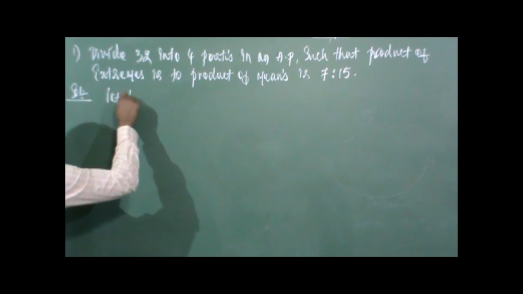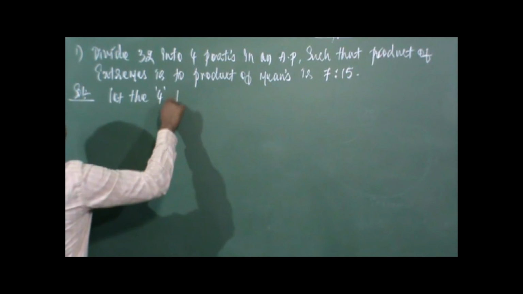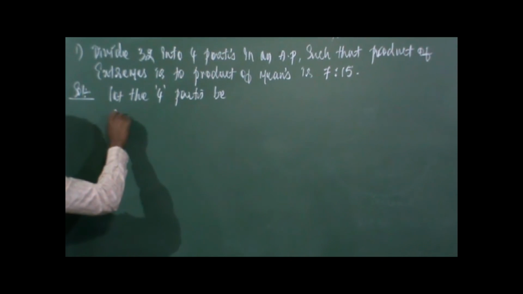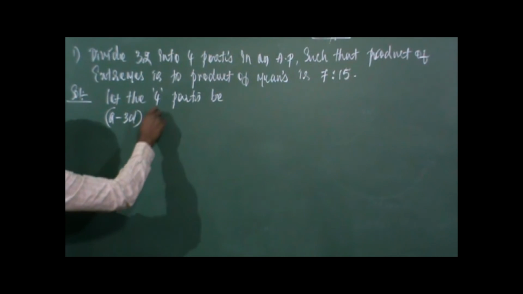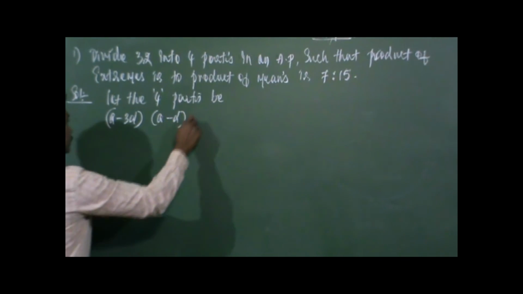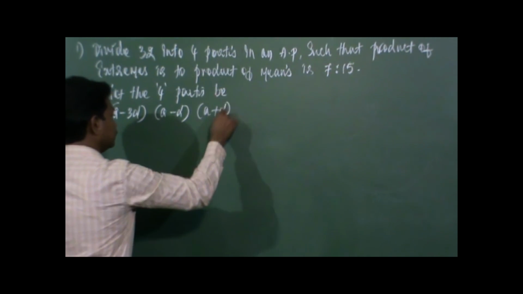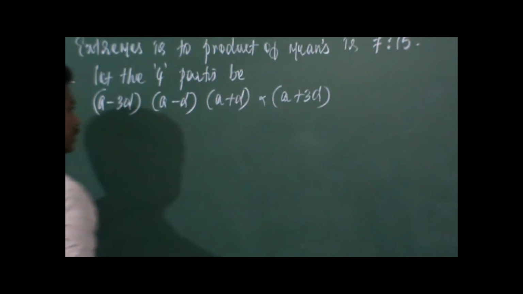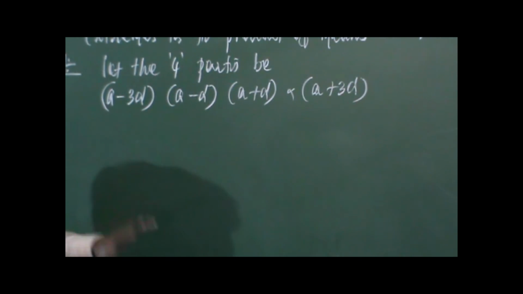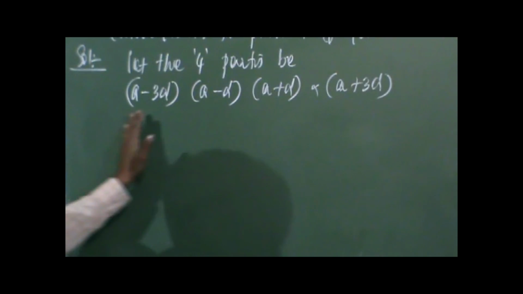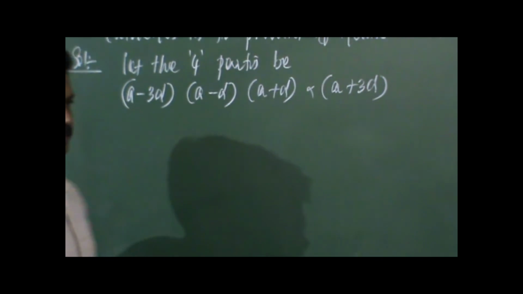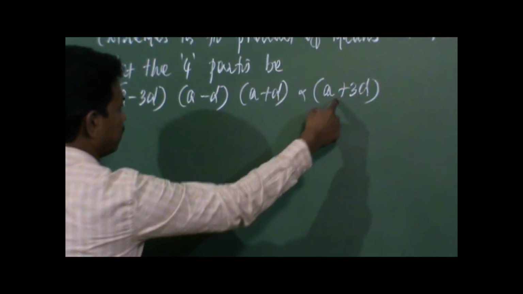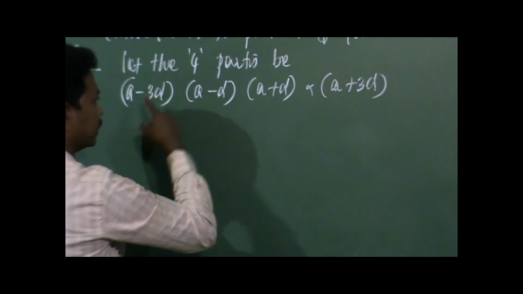So let the 4 parts be A minus 3D, A minus D, A plus D and A plus 3D. When it is asked in AP to find 4 parts, this is the pattern you have to guess. Now, when you add these 4 parts, you should get 32.